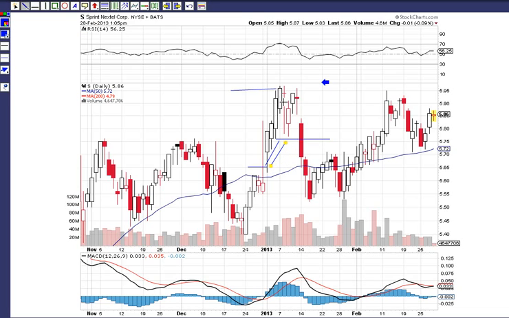So we go on to the next day. Stock's not doing too good. It opens here. It hits the low here. And it closes here.